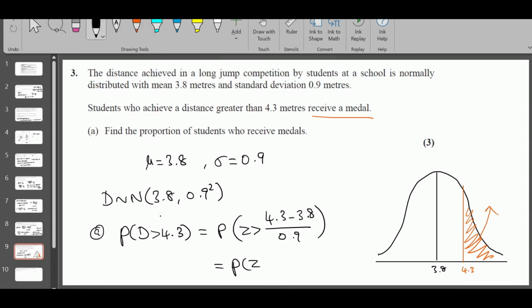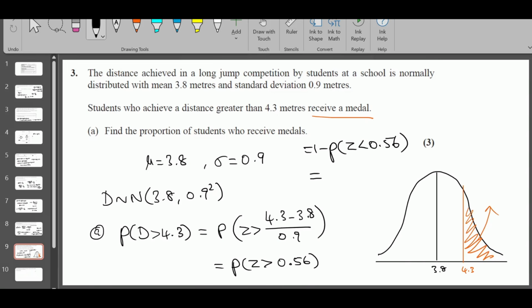So P of Z is greater than 0.56. So the area on the right hand side of 0.56 is the same as 1 minus P of Z is less than 0.56. So take the table value, subtract from 1. For 0.56, the table value is 0.7123. So 1 minus 0.7123, you will get 0.2877. That's all. Or you can round it to 3 significant figures.